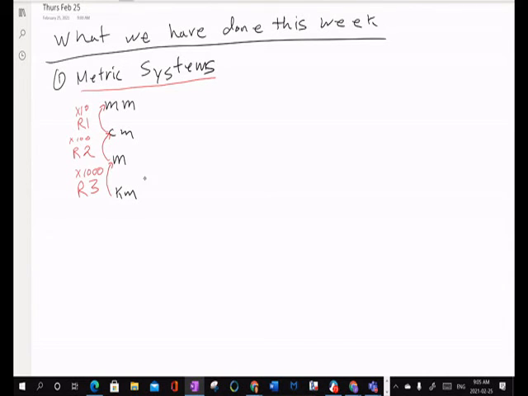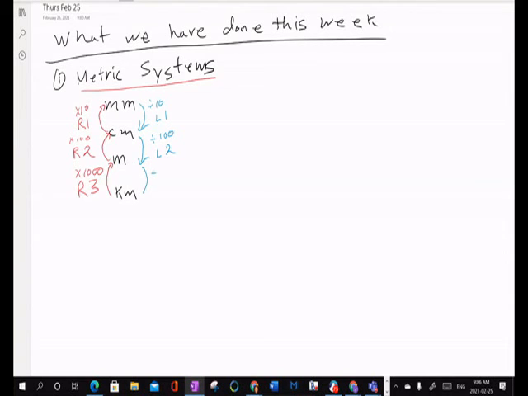Now, when we dealt with millimeters to centimeters, what we did was instead of multiplying by 10, we divided by 10. Which means we are moving to the left 1. Then when we went from centimeters to meters, we divided everything by 100, which means we moved our decimal space to the left 2.